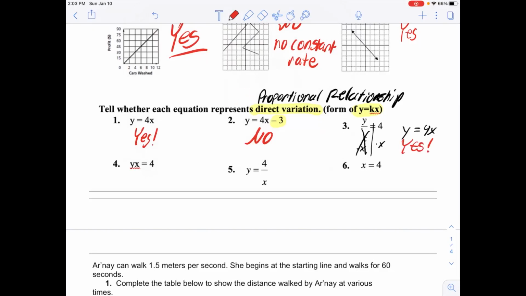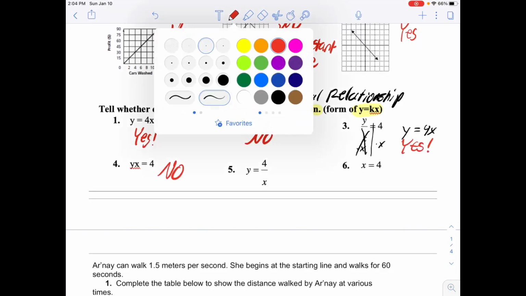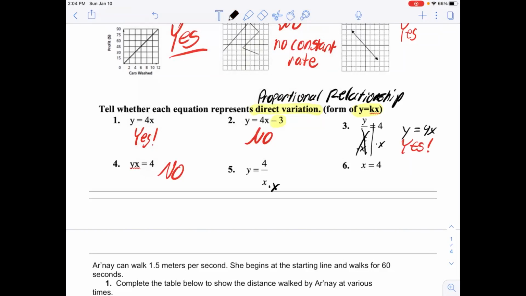For the next one, I have yx equals 4. Yx equals 4 is not the same as y equals a number times x. So my answer here is no. Looking at the next one, again, I see that I have something on the bottom. So I'm going to multiply by x on each side again to get that out of the bottom.